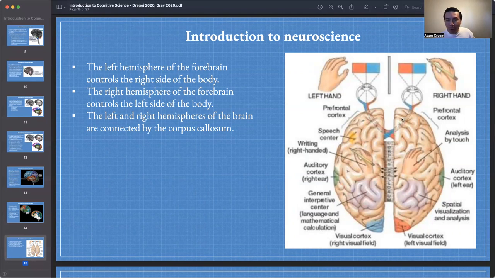Okay. Also, we'll cover this when we get to vision, right? But we also see that the left visual field is processed in the right hemisphere, right? And the right visual field is processed on the left hemisphere, right? And this is color coded. So, right, we see that the blue over here, right visual field, is this side of the visual field on the right side, okay?